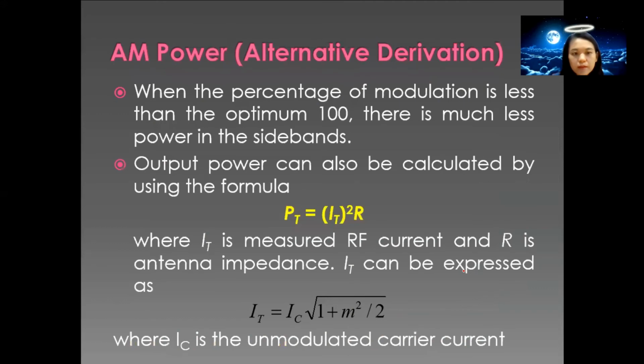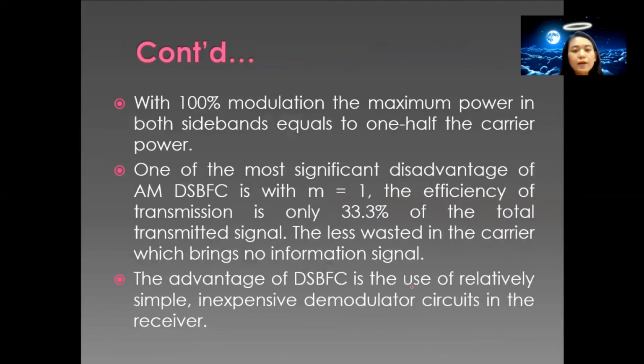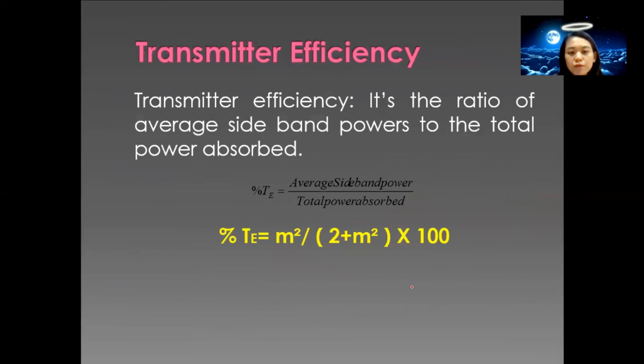The output power can also be calculated by P total equals I total squared multiplied by R, where I total is the RF current and R is the antenna impedance. The I total is expressed as IC, the unmodulated carrier current, multiplied by the square root of 1 plus M squared divided by 2. Now we go to the transmitter efficiency formula.